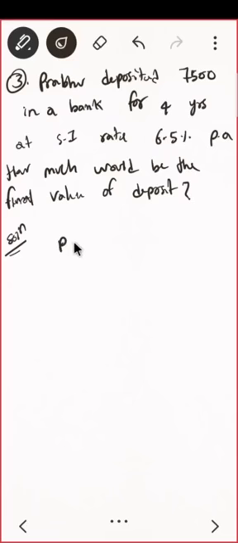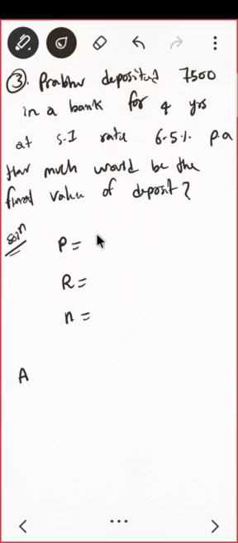What is the value of P here? What is R and what is T? Sorry, R and N. P and R we are taking. Sometimes it is T; sometimes it is called PRT. And what is the formula for amount?